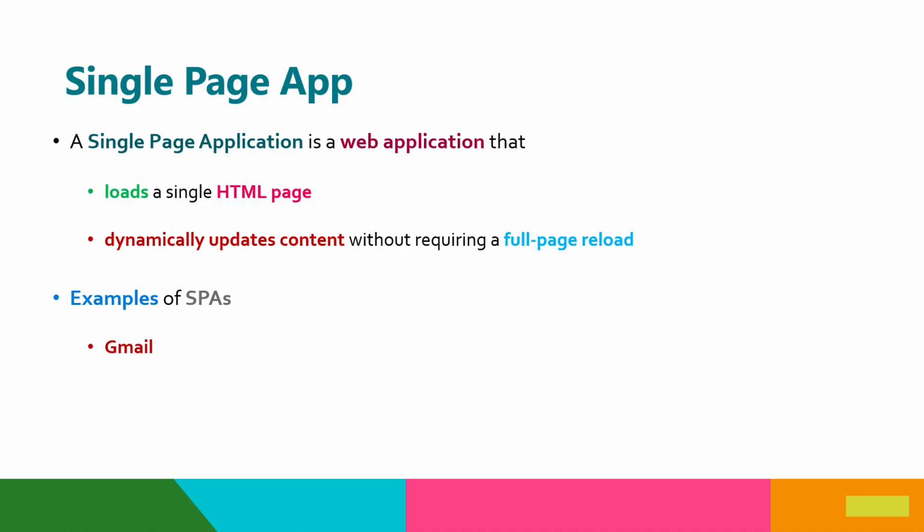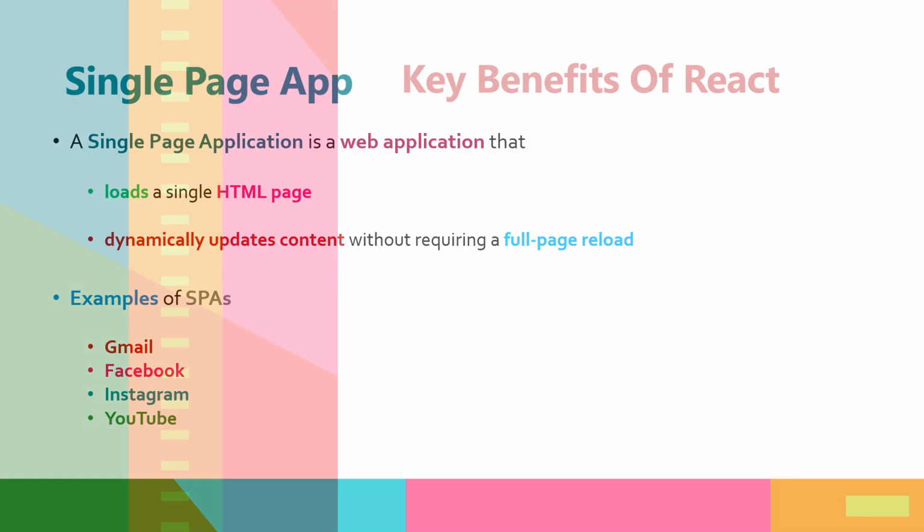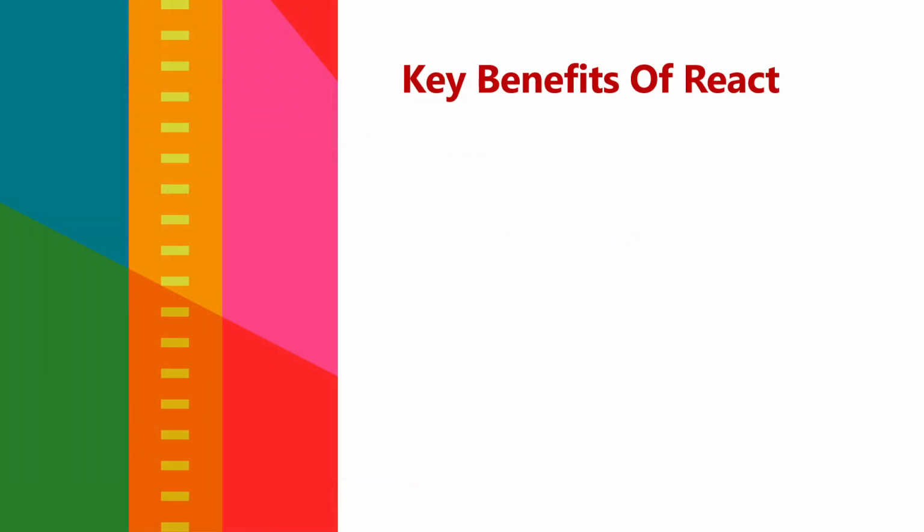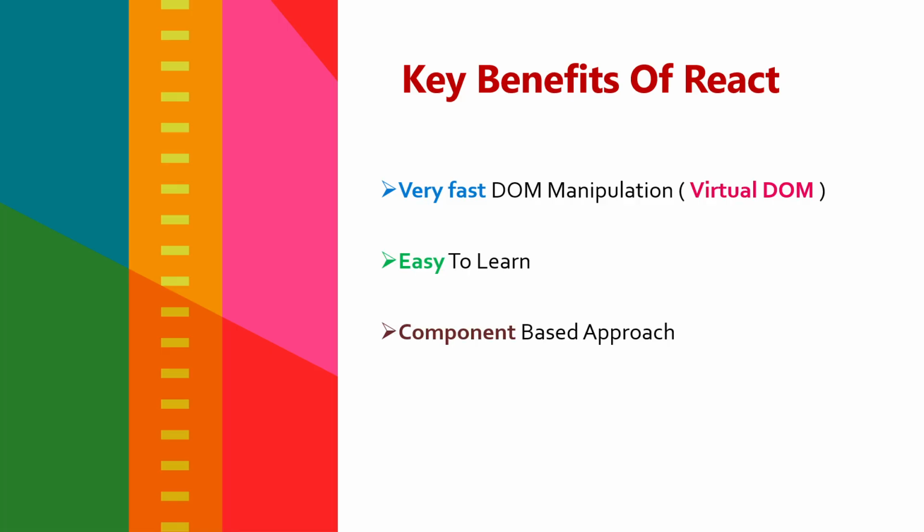Examples of SPAs are Gmail, Facebook, Instagram, and YouTube. These are the most important examples. The key benefits of React are very fast DOM manipulation, virtual DOM, and an easy to learn component based approach.